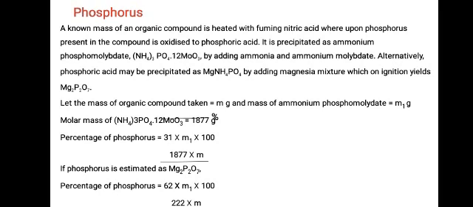Here 222 is the molar mass of Mg2P2O7, m is the mass of the organic compound taken, m1 is the mass of Mg2P2O7 formed, and 62 is the mass of the two phosphorus atoms present here. So with the help of this formula we will be able to calculate the percentage of phosphorus.